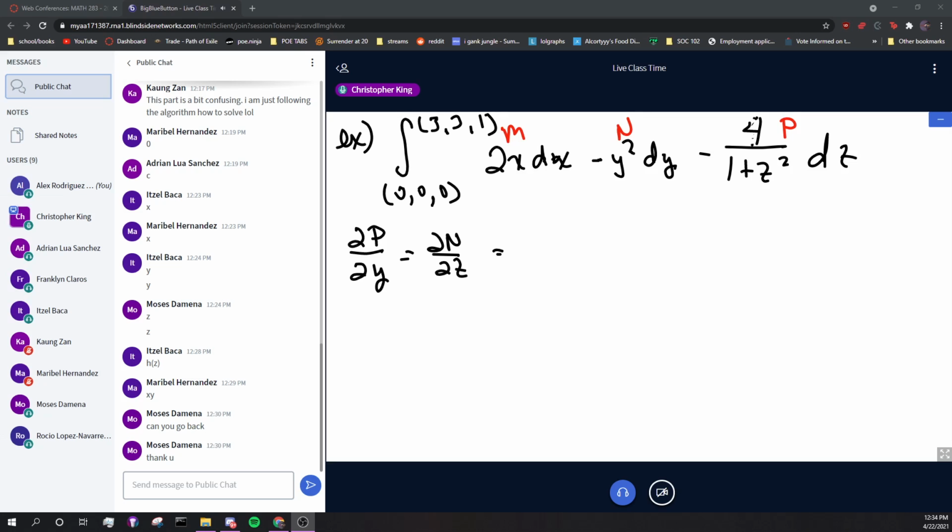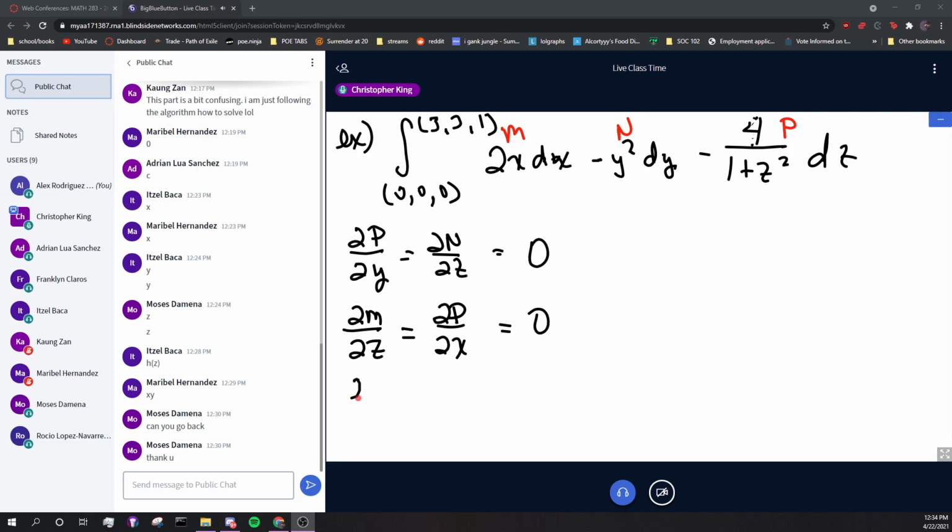So the partial of p in respect to y is going to be 0. Partial of n in respect to z is going to be 0 also. Next, we're going to look at the partial of m in respect to z, showing that it's equal to the partial of p in respect to x. So if I look at m, the partial in respect to z is 0. If I look at p, the partial in respect to x is also 0.